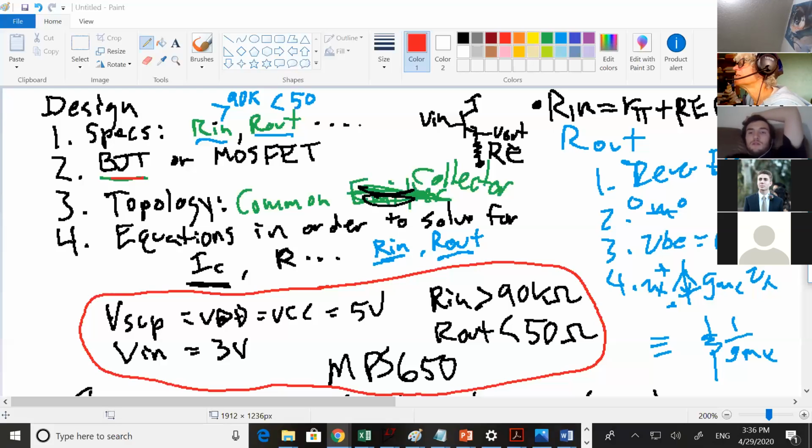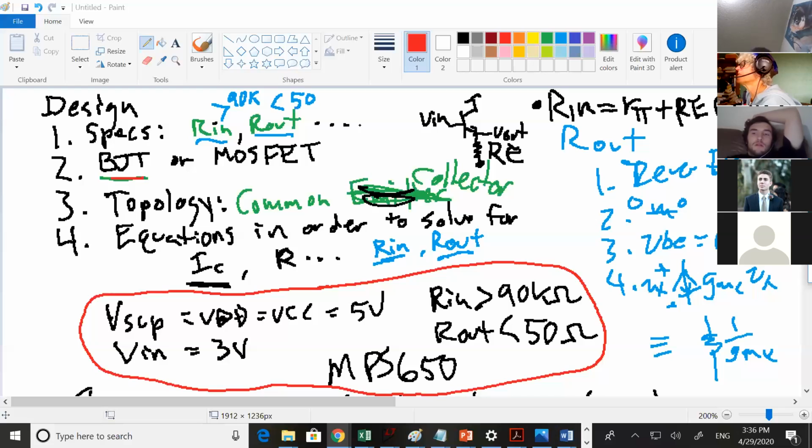VBE doesn't equal 0. So where's V out on the second to last diagram? V out isn't grounded, so there's not 0 volts across R pi or RO in parallel, so I have to keep that.